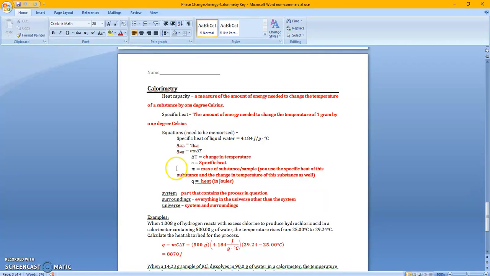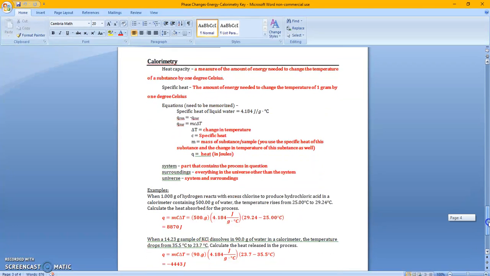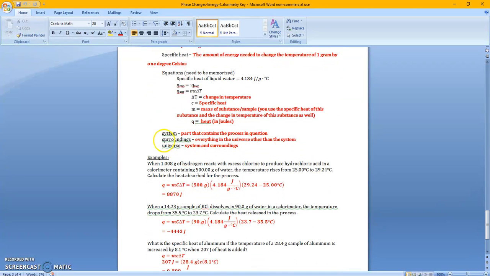So when we're talking about something letting off heat, there are a few words that we need to know. And those words are system, surroundings, and universe. The system is the part of the process that you are looking at. It's what's either losing heat or gaining heat. It's the part that you are watching.